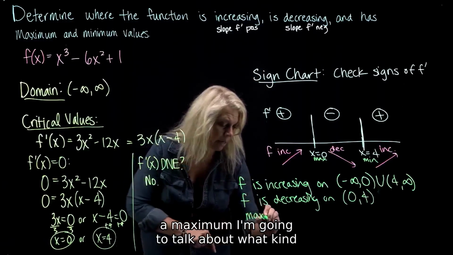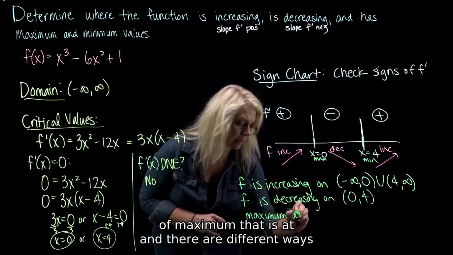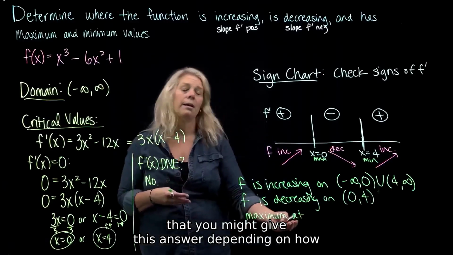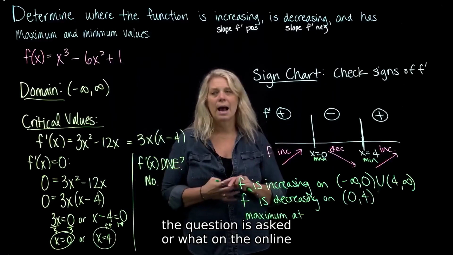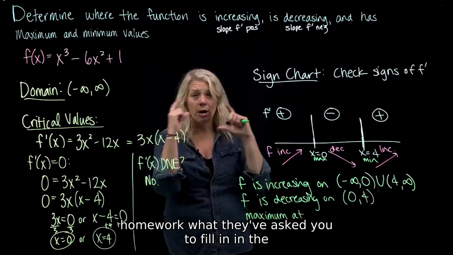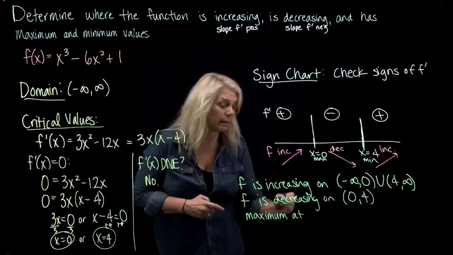I'm going to talk about what kind of maximum that is, and there are different ways that you might give this answer depending on how the question is asked or what, on the online homework, they've asked you to fill in the blanks. I'm going to go ahead and give this as a point.